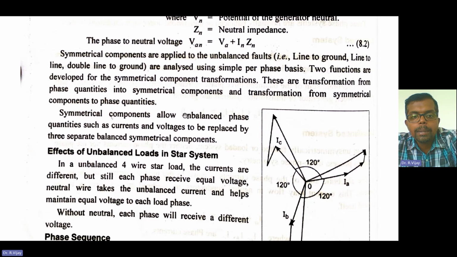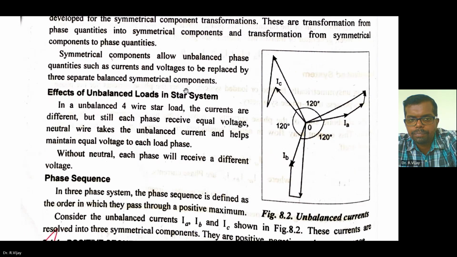Symmetrical components allow unbalanced phase quantities such as current and voltage to be replaced by three separate balanced symmetrical components.